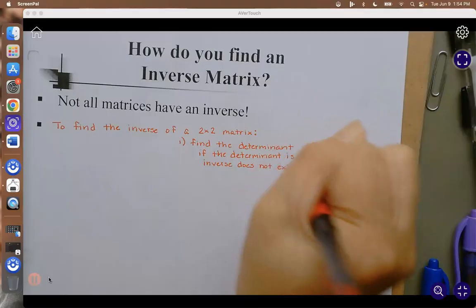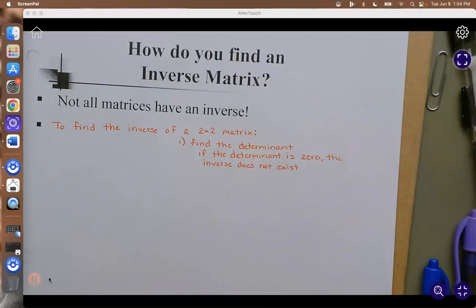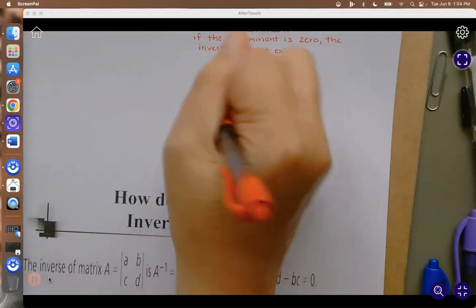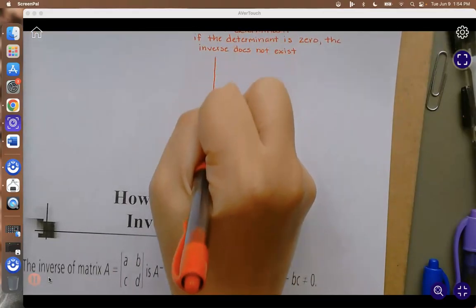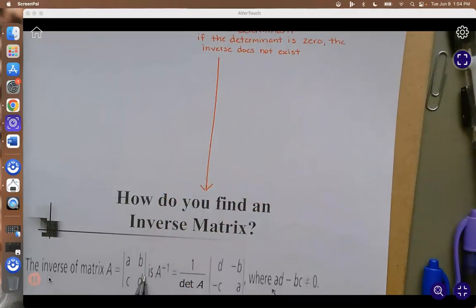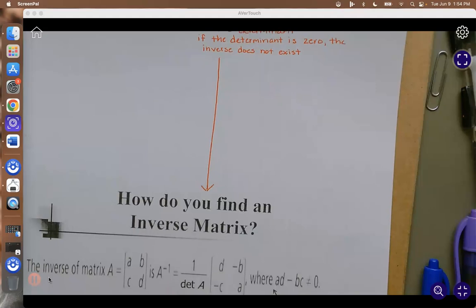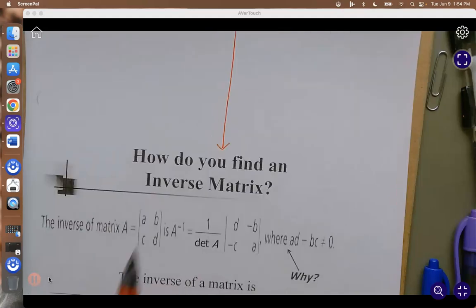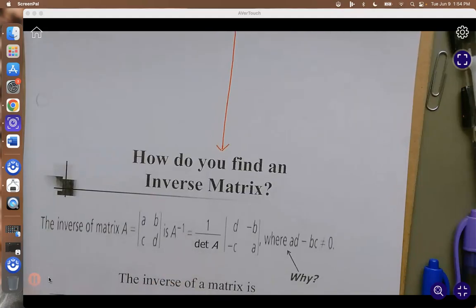So the first thing you do is find the determinant, okay, to see if it even exists, okay? And if it's 0, it doesn't exist. But then you're going to come down here after you find that determinant to find the inverse, okay? So I'm going to get my highlighter here.